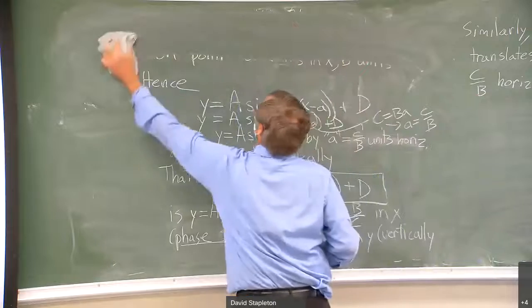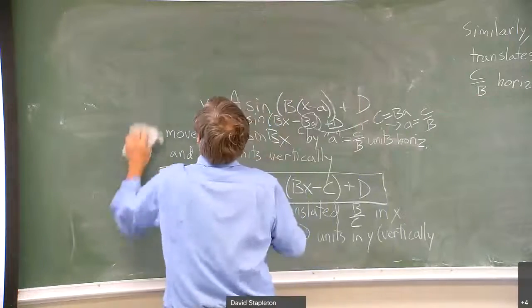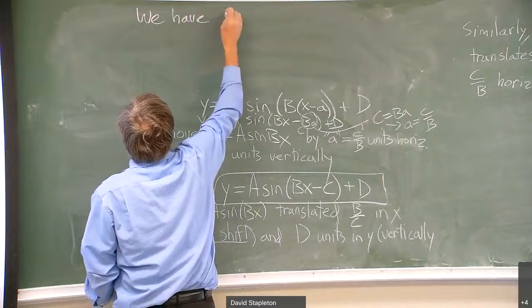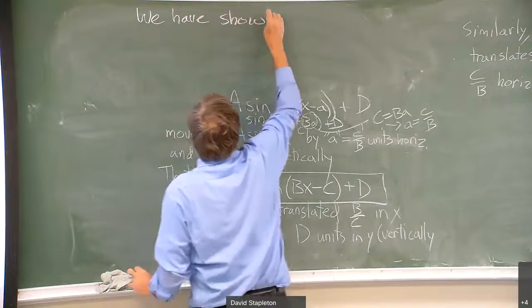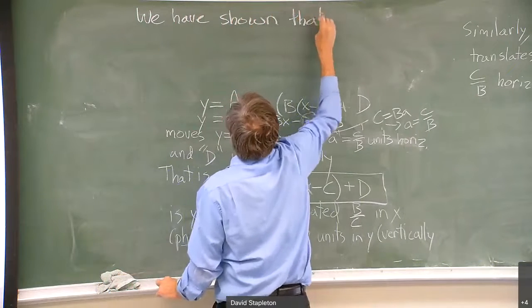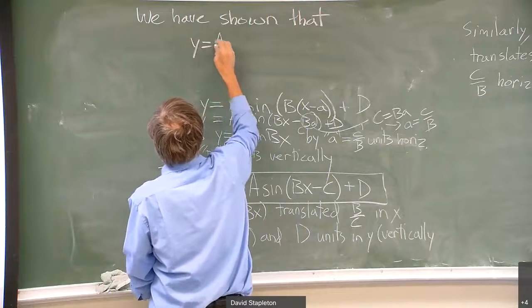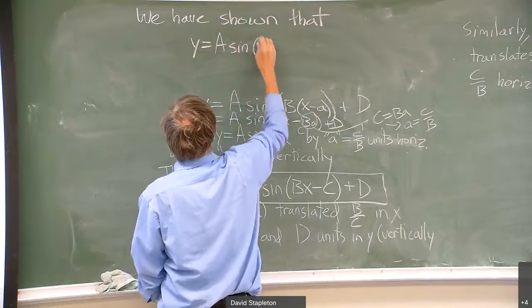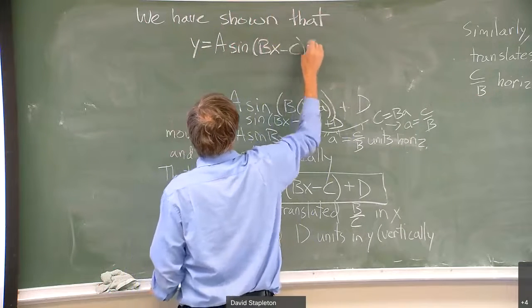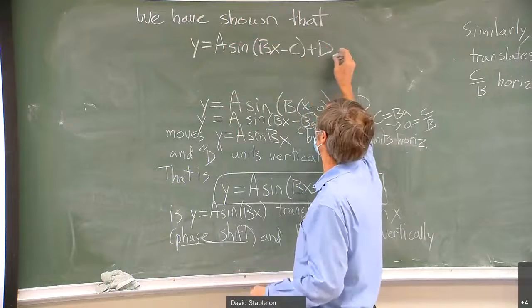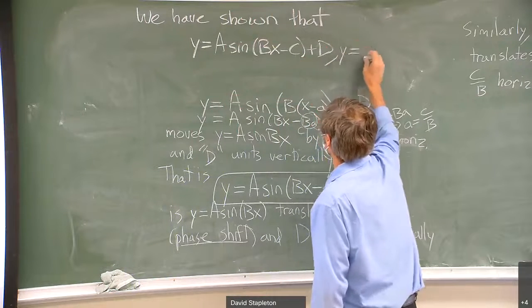What we've shown then is that Y equals A sine BX minus C plus D. Some books put plus C here, they prefer that form. You'll see some differences in notation here. I'll stick with our book.